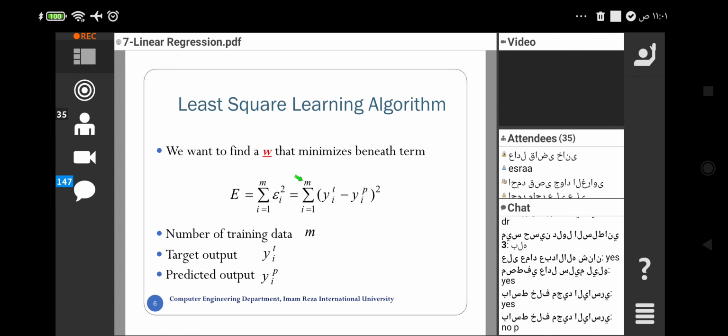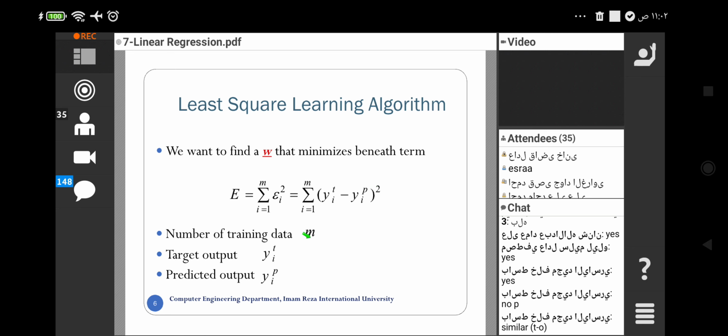In this data set, we have some training data and some test data, and in all of this data I have the target. It means I have the price of each product. Similar to t minus o that we had in the neural network, here we have a different term: yi t minus yi p, to the power of 2.